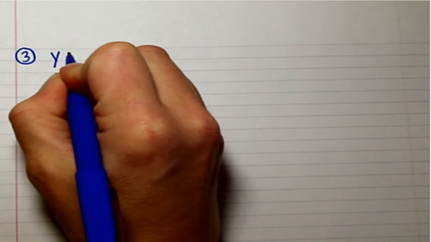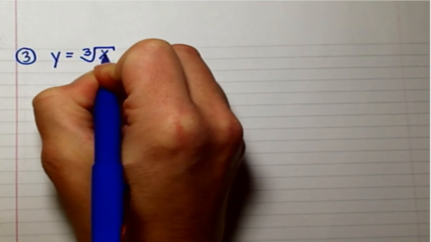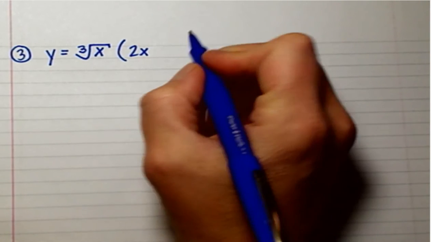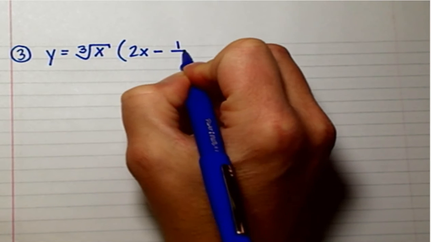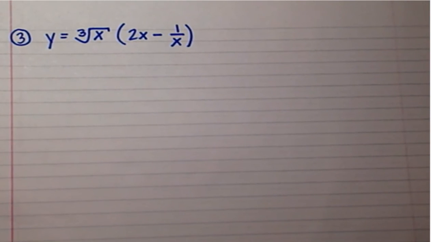Okay, here we go. Number 3. Okay, so we got to add some radicals in here. Okay. Y equals cube root of x multiply 2x minus 1 over x. Okay, there's my problem.